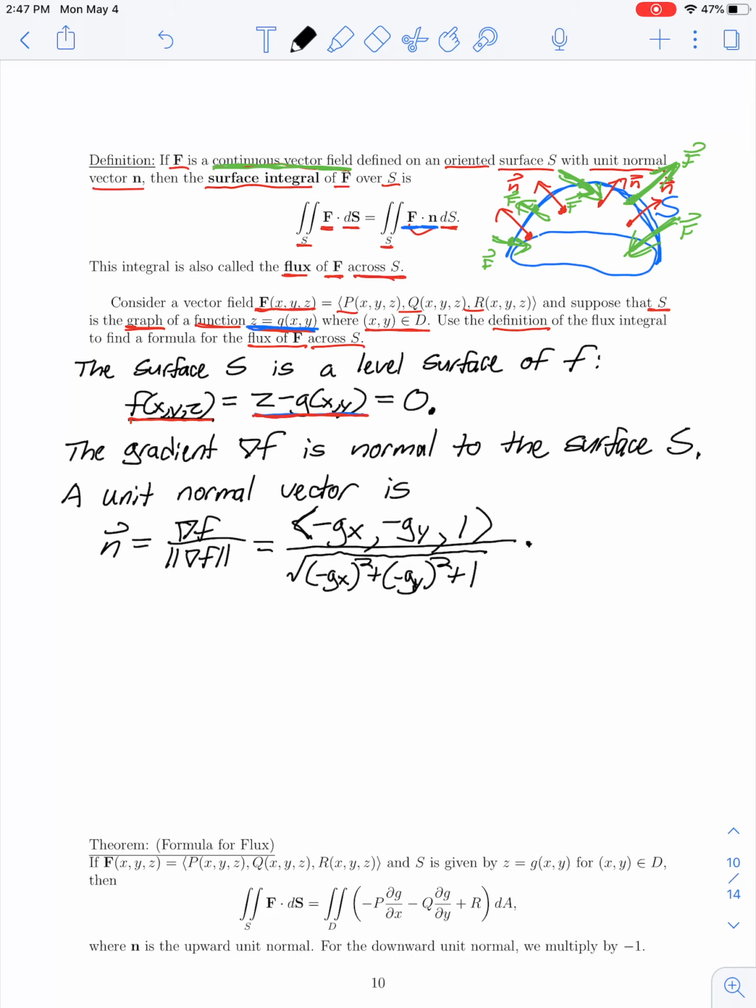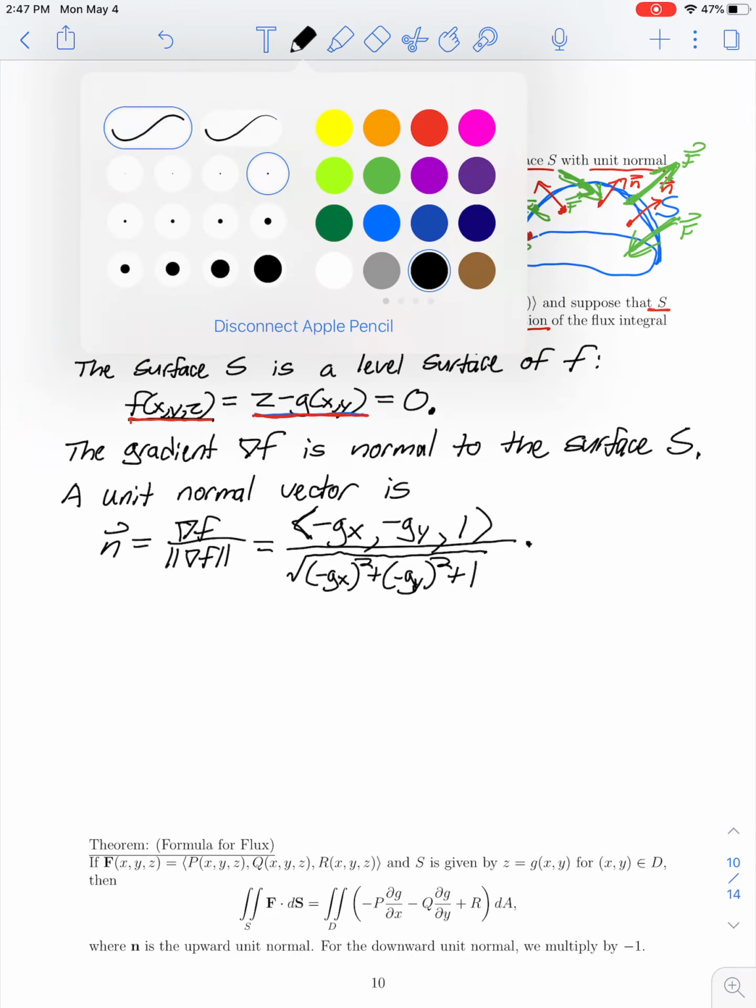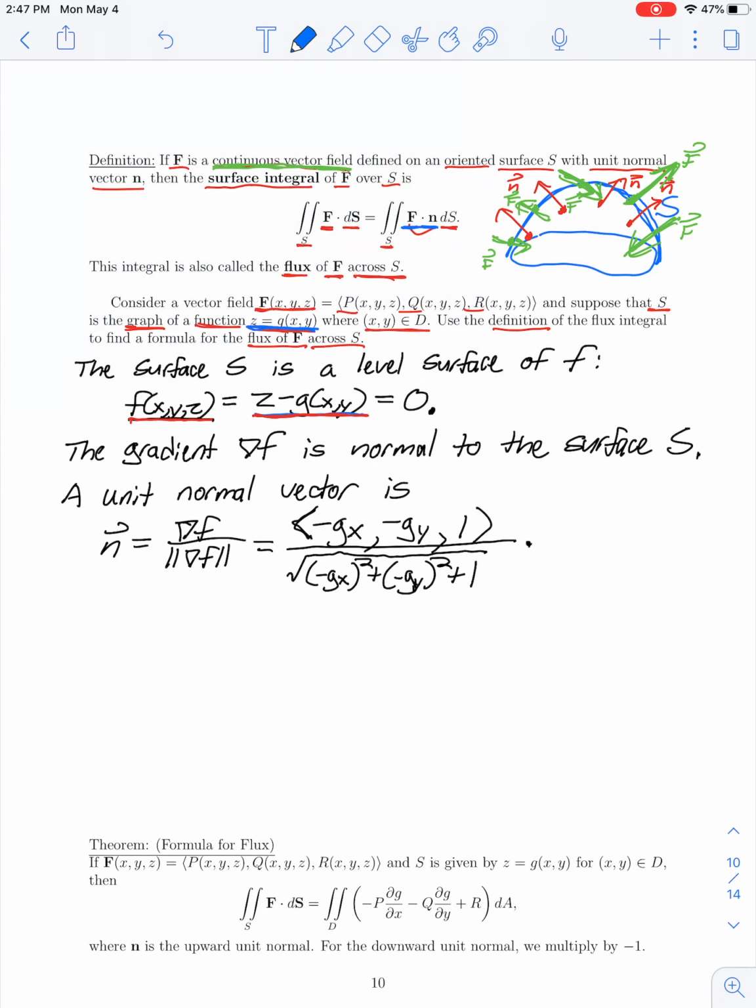Now, one thing to make note of here is that the last component of this normal vector, that is 1 over the square root of this expression, this is our k component, which denotes the direction or the motion in the z direction.